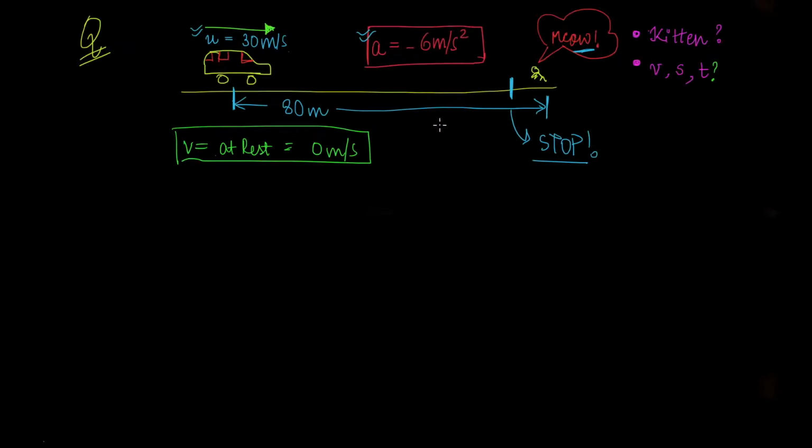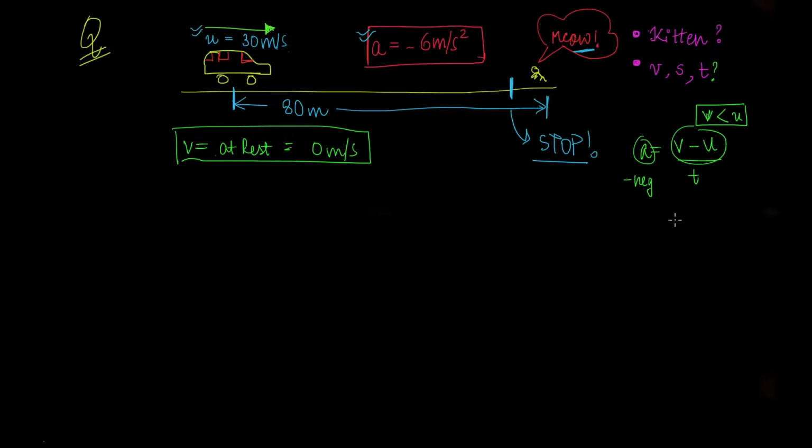Now, the thing about this question is the fact that acceleration is given as negative. What does that mean? Well, since acceleration is the rate of change of velocity, v final minus u divided by time, if acceleration is negative, that means your final velocity is less than initial velocity. And if that happens, the car is decelerating, or slowing down.